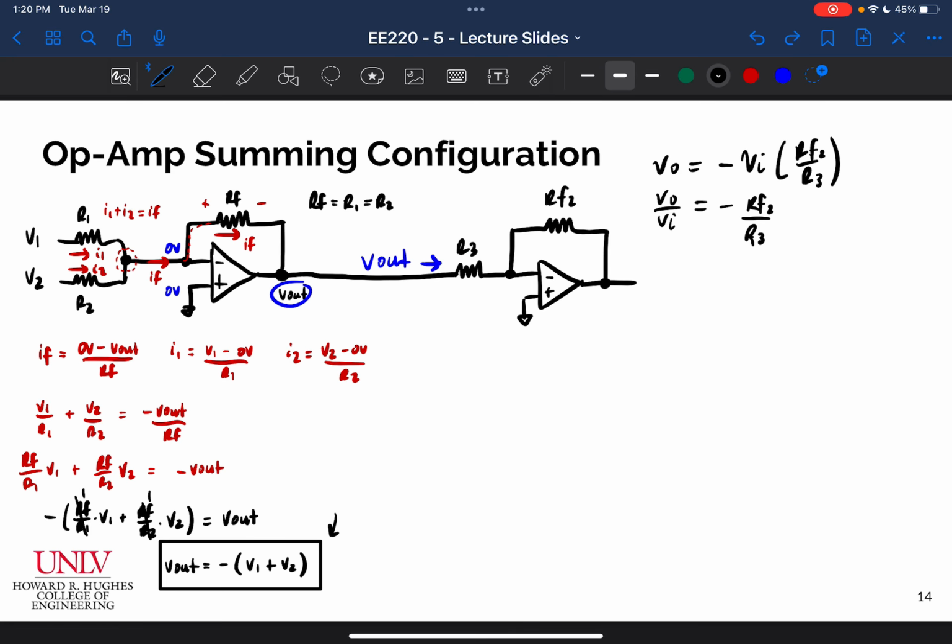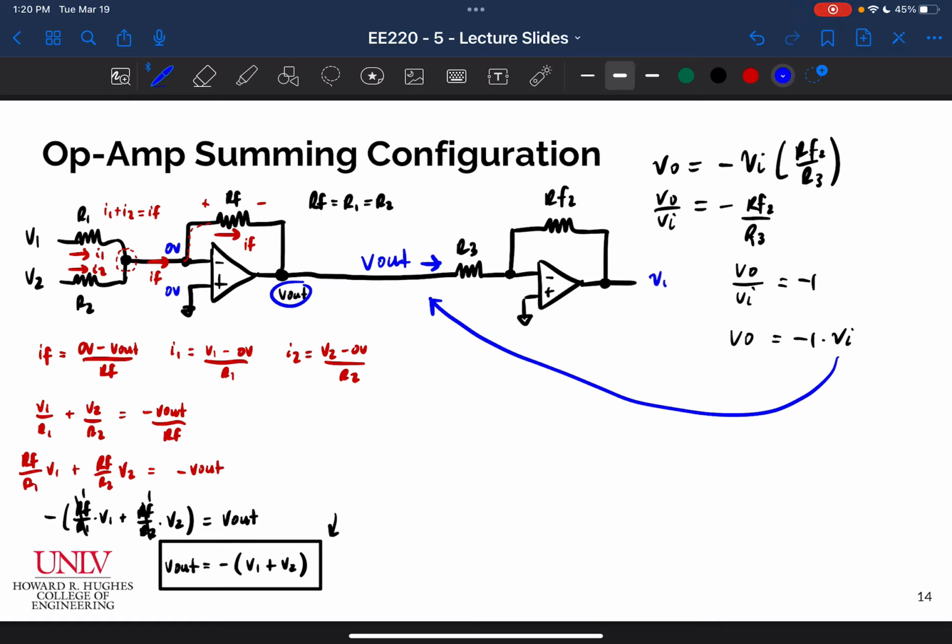So if I let those be the same size, then I get V out over V in is equal to -1, or V out is equal to -1 times V in. And in this case, my V in is my previous output.